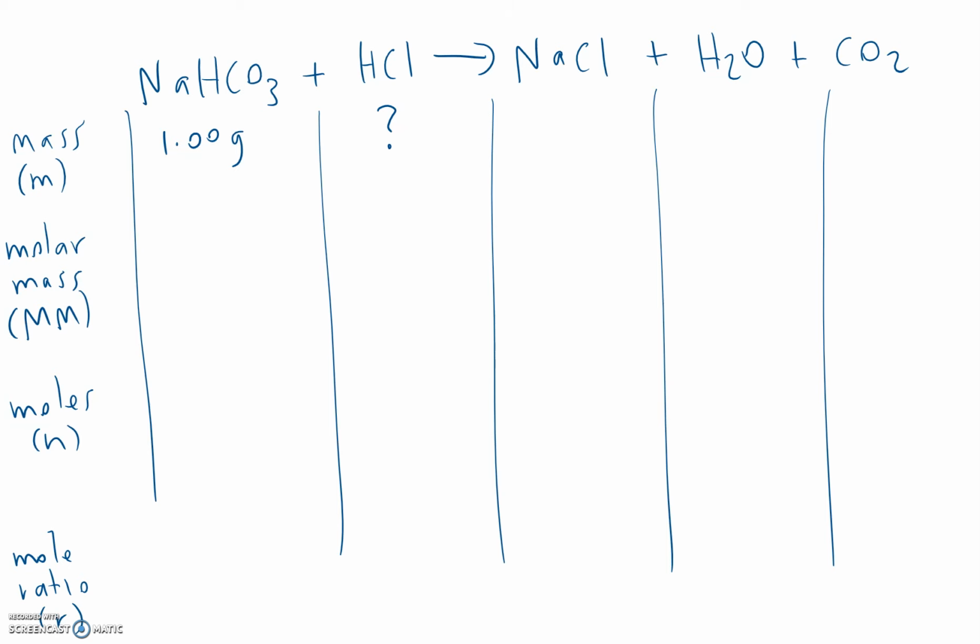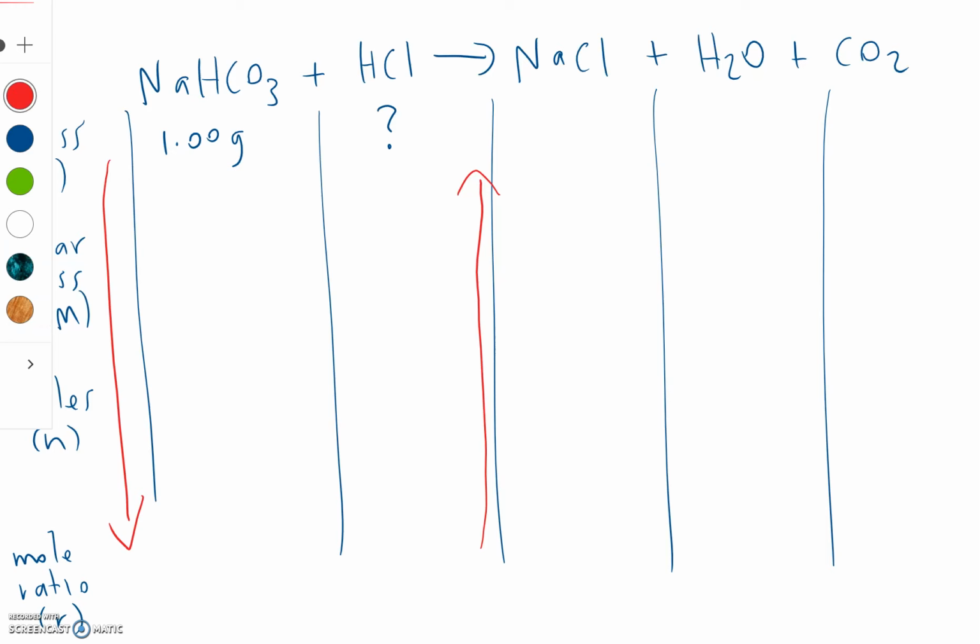So how do I get there? Now remember, in this process, we're essentially working our way down this column and then using the mole ratio to work our way back up to our final answer. So I can keep adding the information that I know.